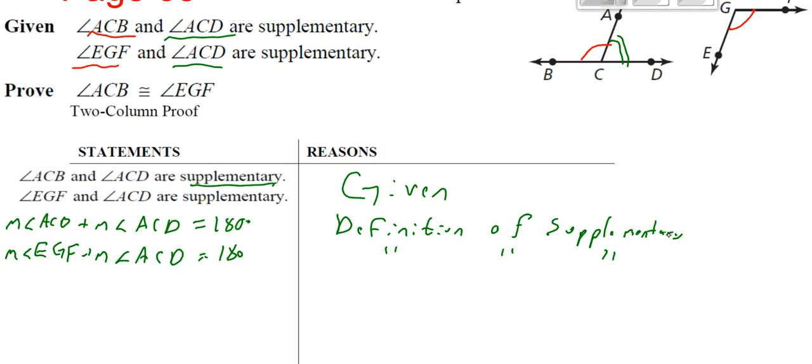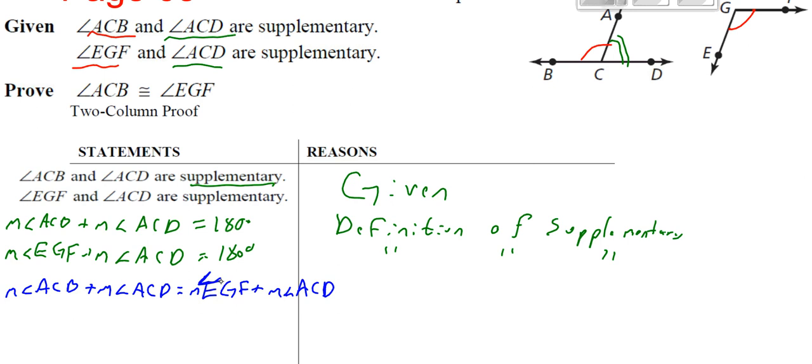Since they're both equal to 180 degrees, I can say that the measure of angle ACB plus the measure of angle ACD equals the measure of angle EGF plus the measure of angle ACD. I forgot my angle symbol there.